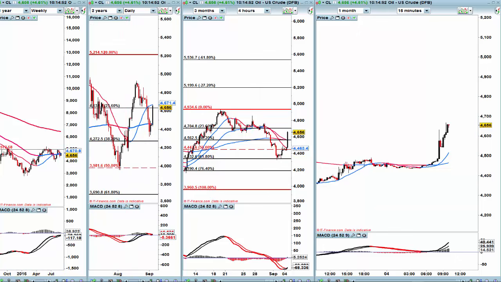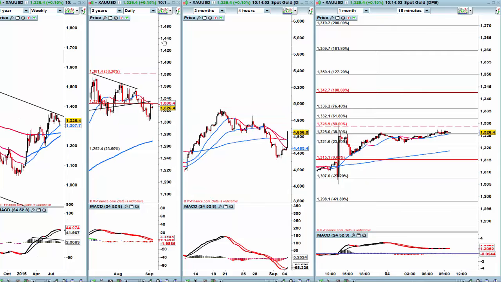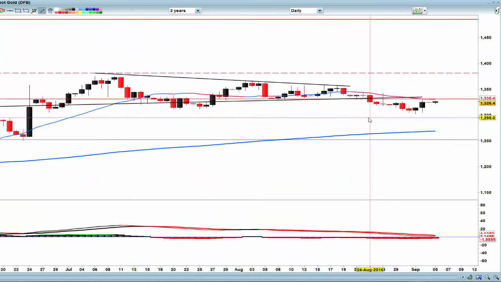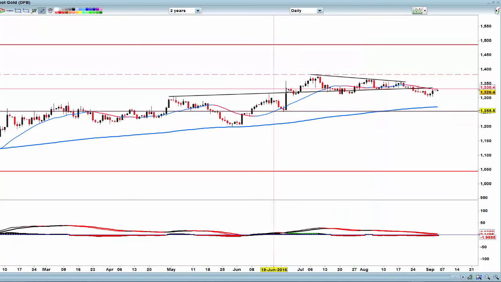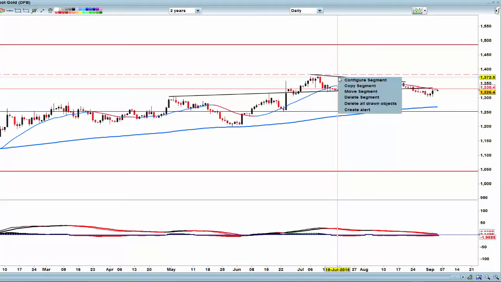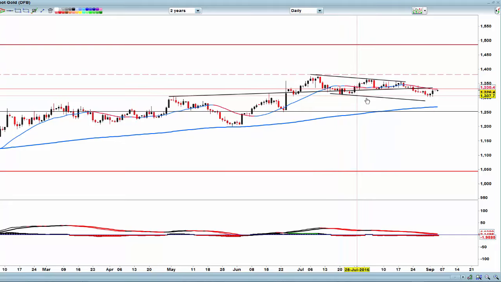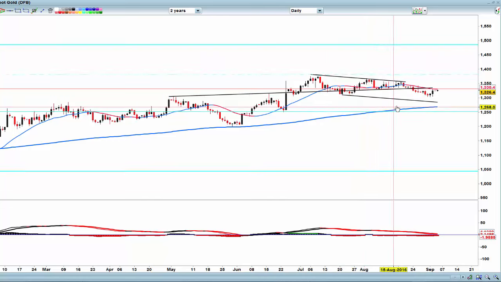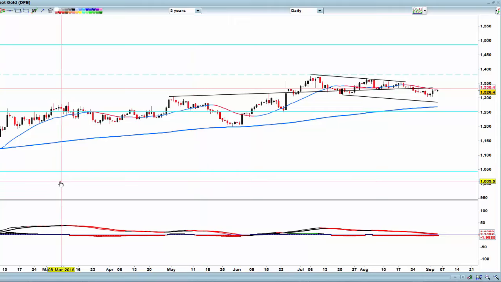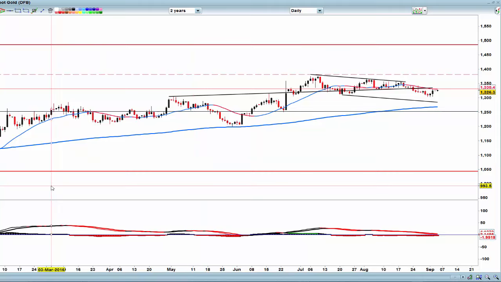Gold. We are in this sort of situation at the moment. We could come right the way down to the bottom of that channel. There's a lot of resistance up there at the moment at 1330.